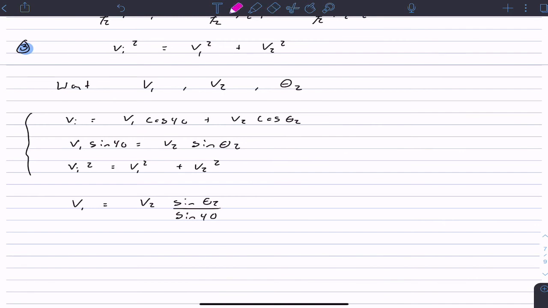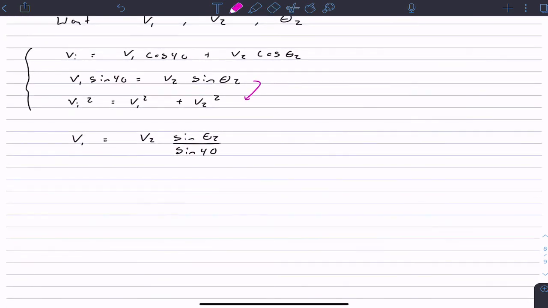Let's see. So now we have vi squared is equal to v2 squared sine squared theta 2 over sine squared 40 plus v2 squared.